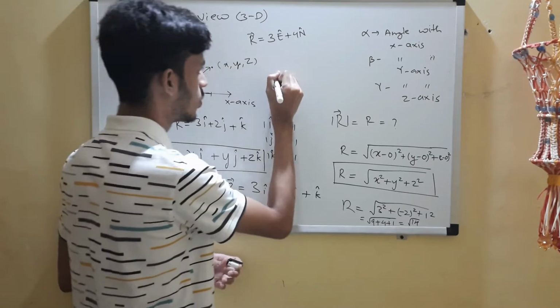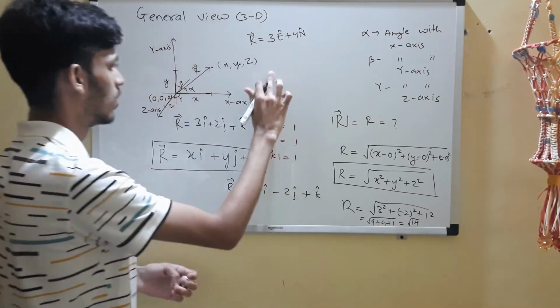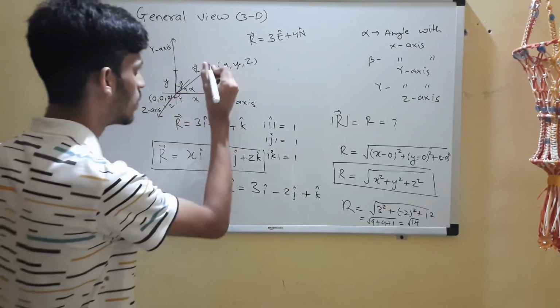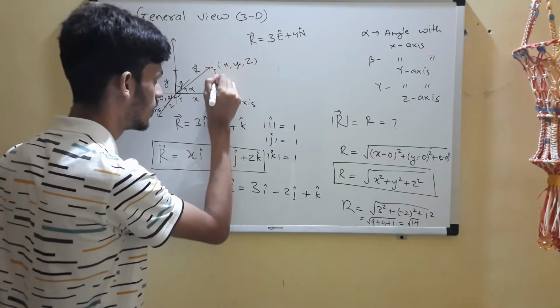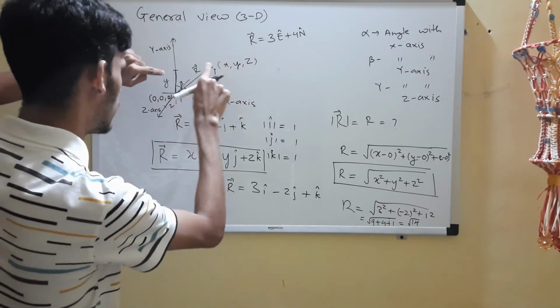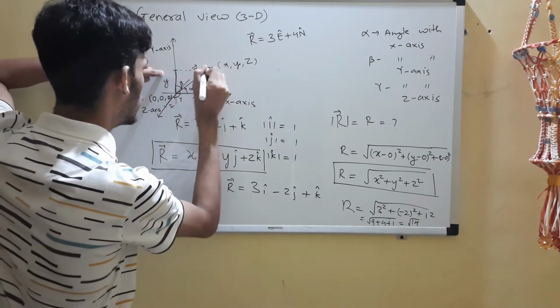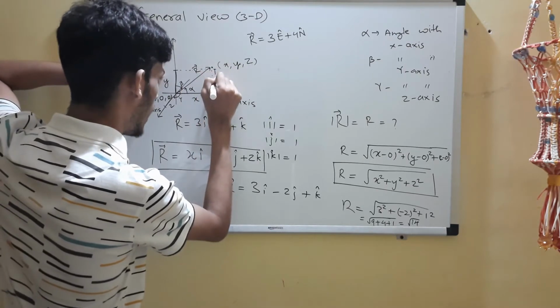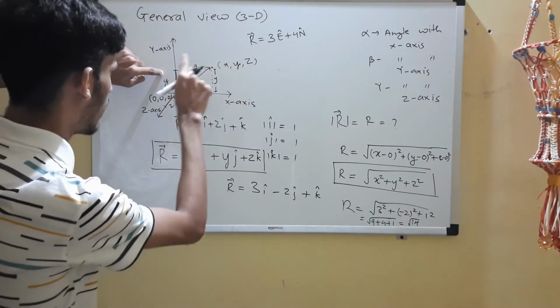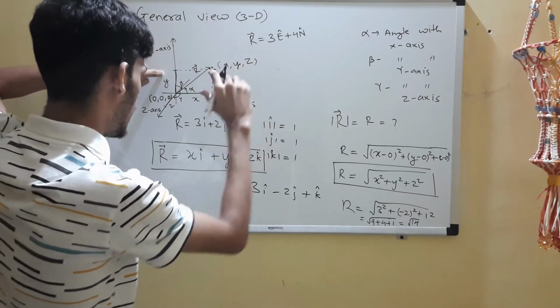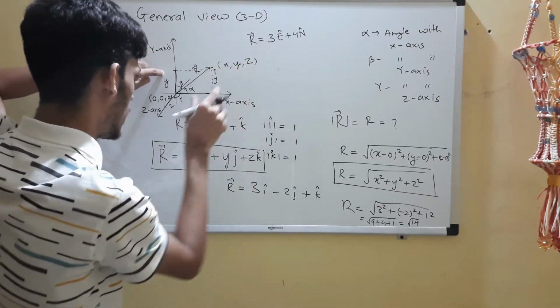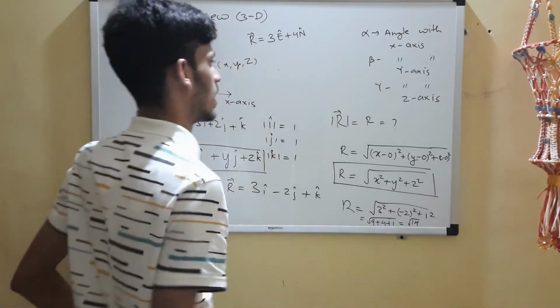So in most of the cases you will be asked for this alpha. What will you do? This distance is y, right? This is a rectangle with sides y and x. This side is y, this side is x, the length I am speaking of.